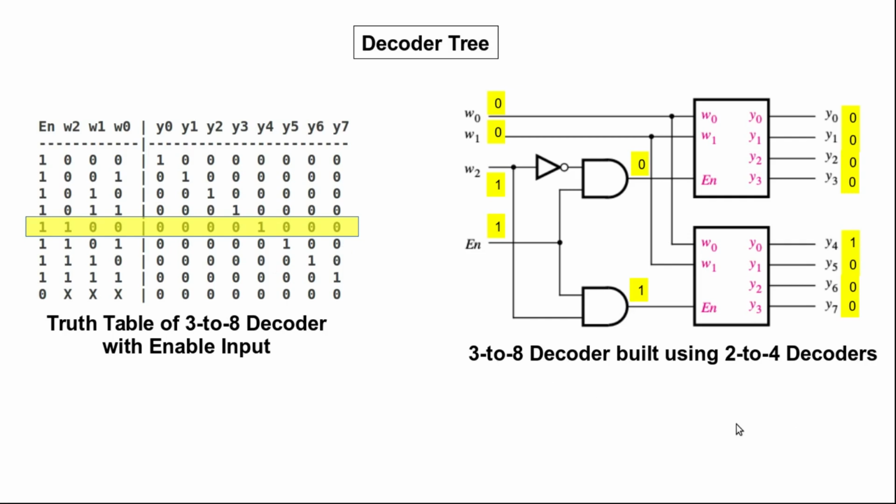So please try to construct the logic circuit for the 4 to 16 decoder, first using 3 to 8 decoders, and then next using only 2 to 4 decoders. Next we will see how to implement these logic circuits in Logisim.